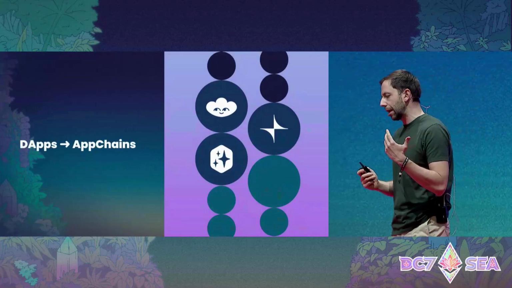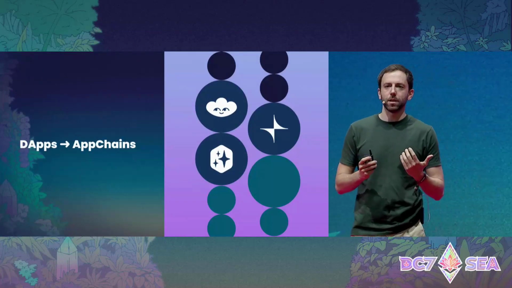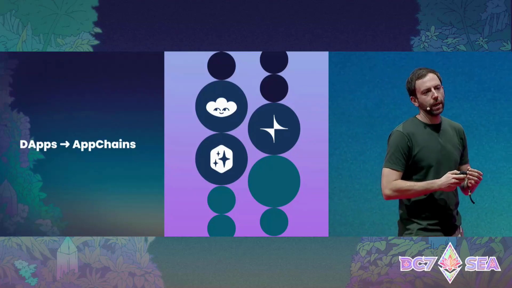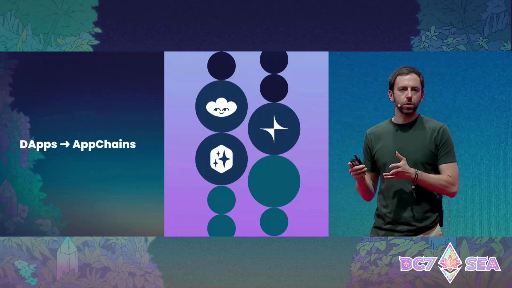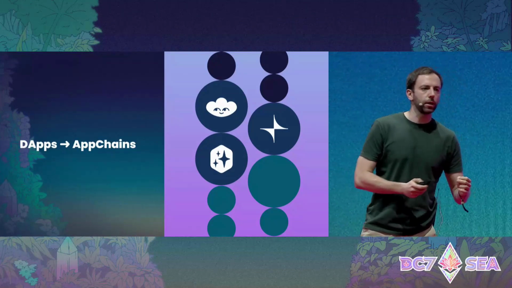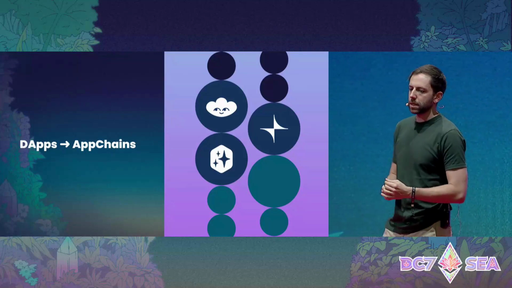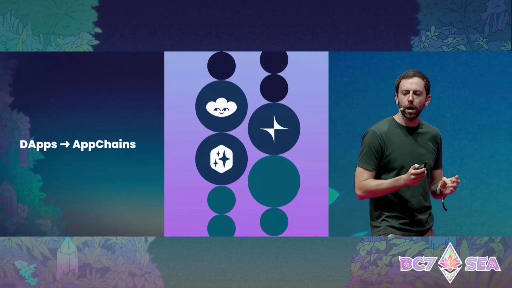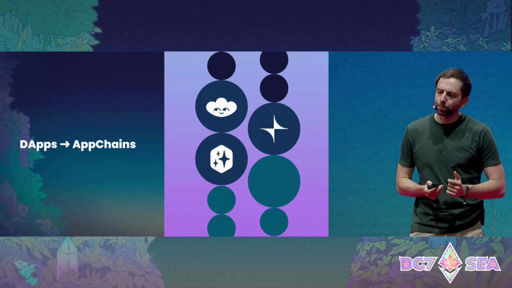What this is going to lead to is that the apps will also transform, just like the applications on the internet got their own servers and their own functionality, moving away from shared co-located environments. The same thing is going to happen with Appchains, with applications on Ethereum.